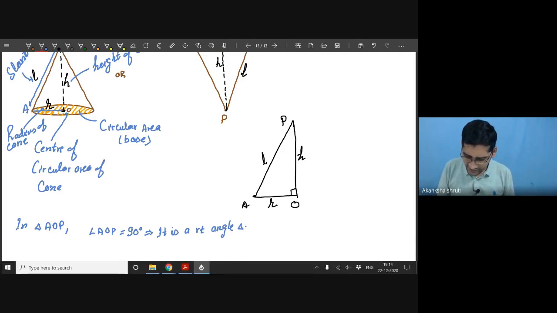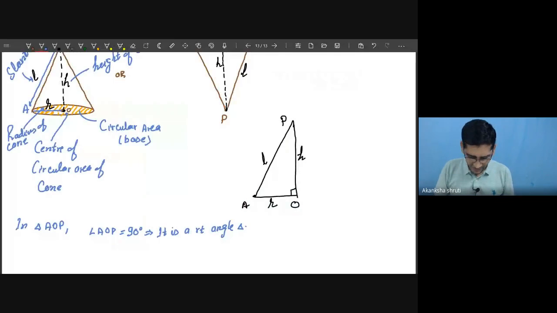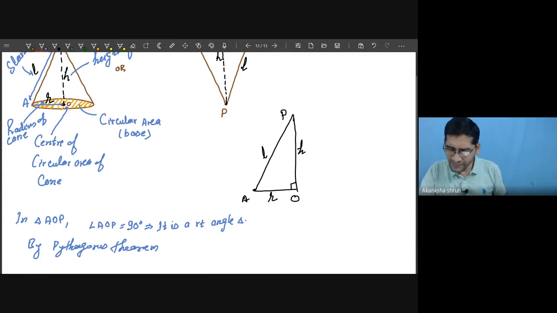Therefore, by Pythagoras theorem, we can write like this. The hypotenuse is the side just opposite to the right angle.